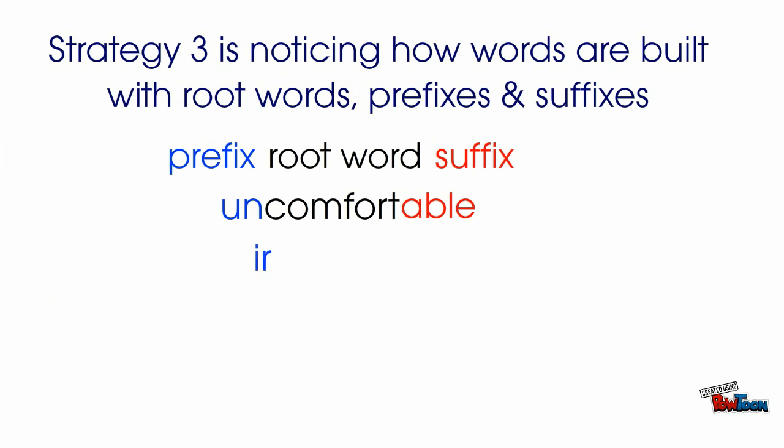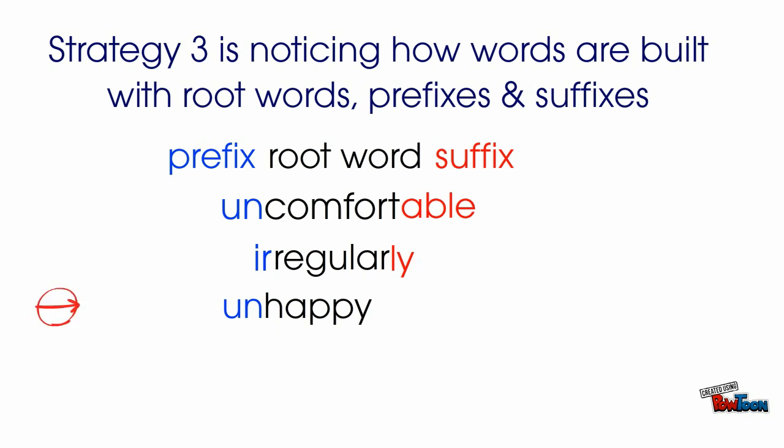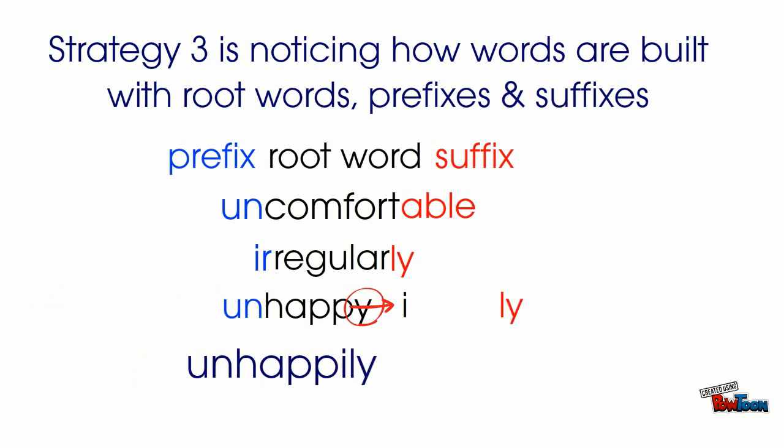Irregularly. IR plus regular plus LY. So we've got the double R there. That's why we've got the double R, because of the IR prefix. Unhappily equals un plus happy. And using our knowledge of spelling rules, we change the Y to I when adding some suffixes plus LY.